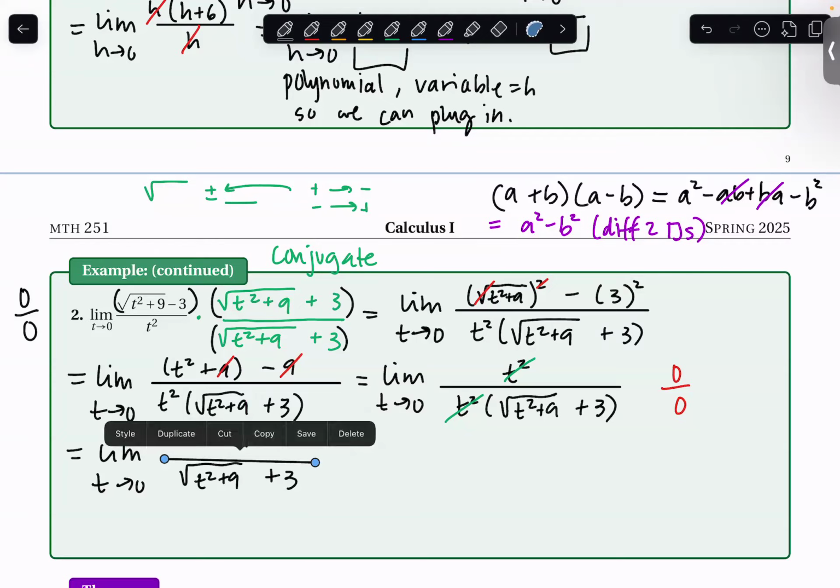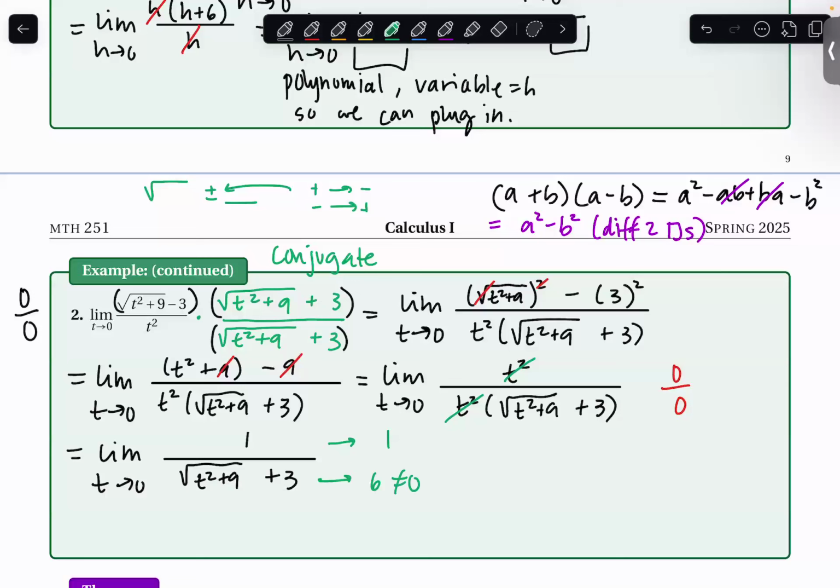Okay, what happens if I try to plug in now? Clearly upstairs is just 1, but what about downstairs? Do I get 0? No, that's all I care about. I get a number that's not 0. So technically I can use my quotient rule to plug it in. If I plug in 0, I get square root of 9, which is 3. Added to 3, I get back 6. So I get 1 over 6 here, right?